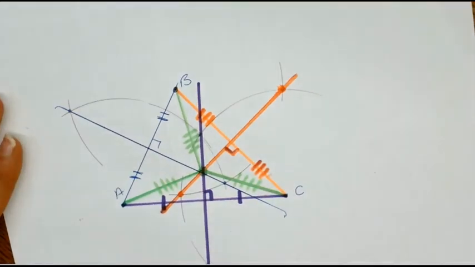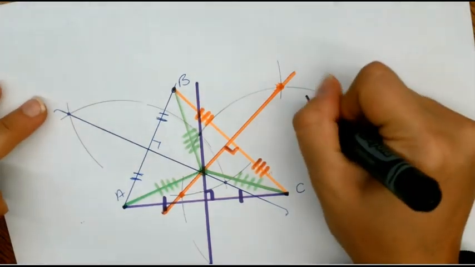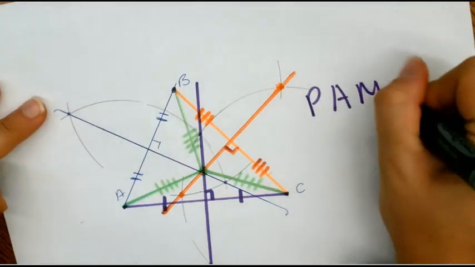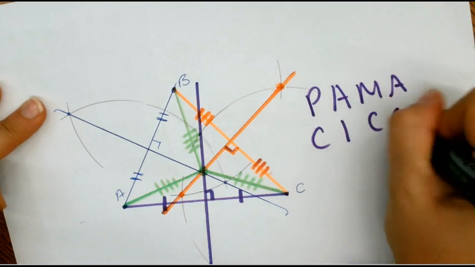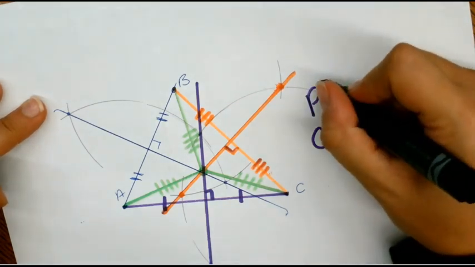All right, so something that we are going to be learning in a little bit is called PAMASECO. And P stands for perpendicular bisectors.